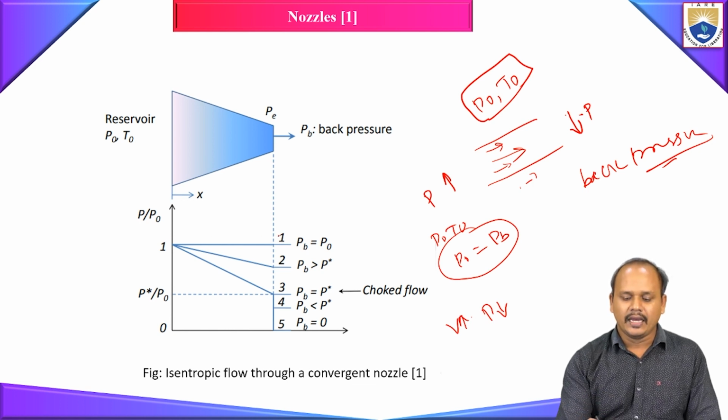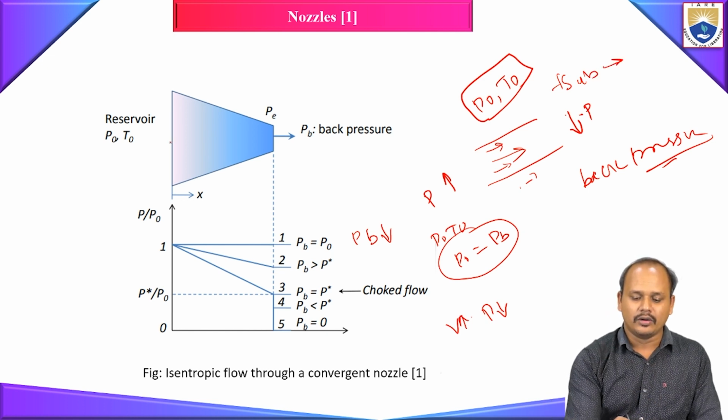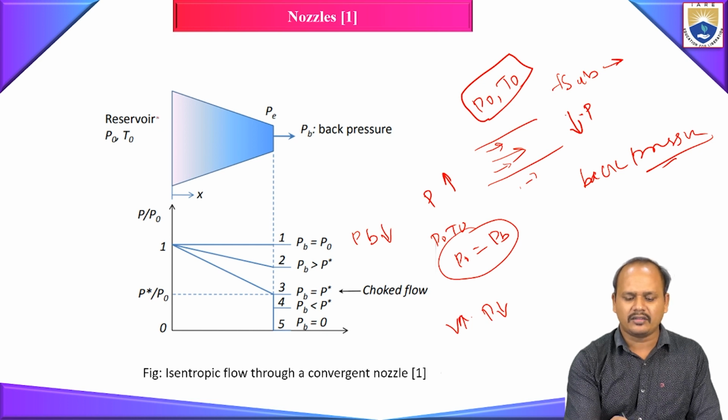Now, let's say I reduce my back pressure to some value. What will happen? We have already seen the flow entering a convergent section. If the flow entry is subsonic, it will be accelerated. So when I create the pressure difference here, the velocity here is very, very low, so you could say this is subsonic.